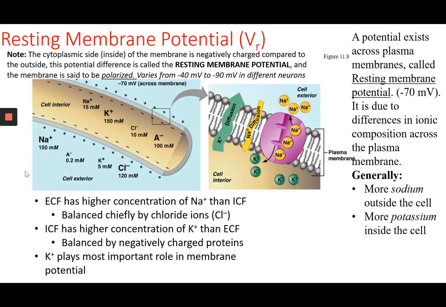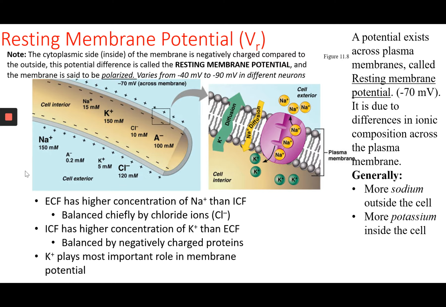We will, however, represent resting membrane potential with a negative number just to make the calculation make more sense in our brain. So for example, resting membrane potential, the potential difference across the plasma membrane when a neuron is not firing an action potential, is negative 70 millivolts. This is because there is a lot of sodium outside the cell and more potassium inside the cell.